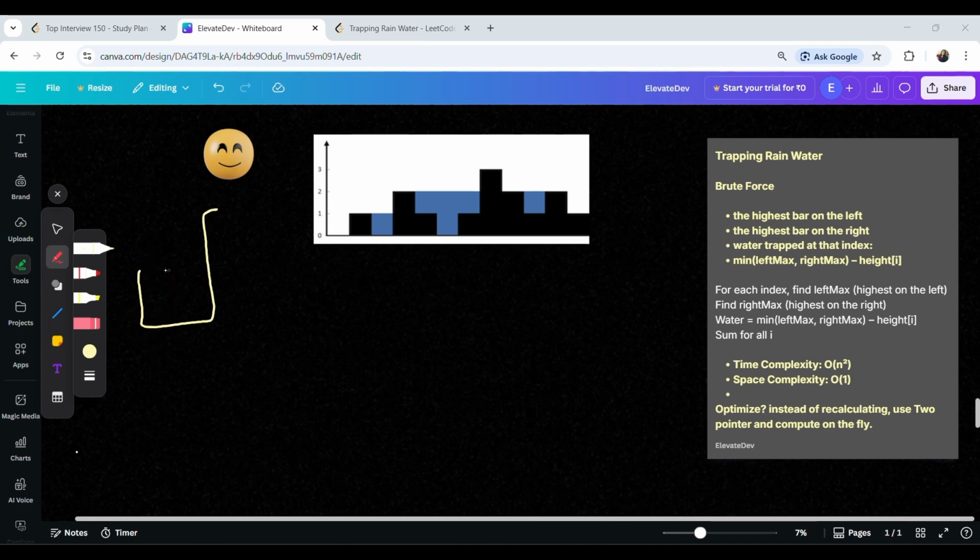Let's tweak this example a bit now. Suppose this container has some sort of structure in which this much space is blocked, like this is a solid space. Now how much water would you have? You would say that the area of this container, the height times the width, is going to be the volume that would contain the water, minus this area, right?